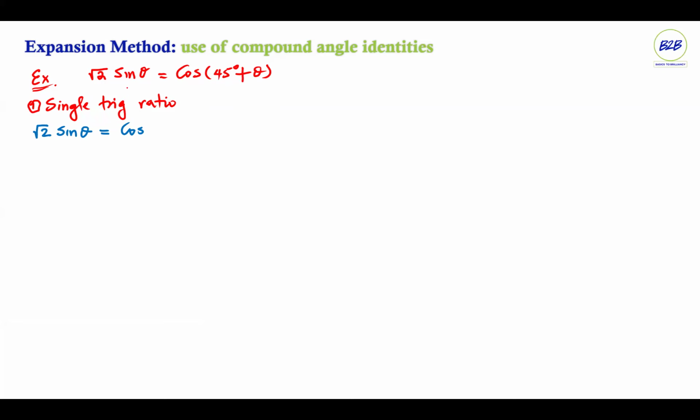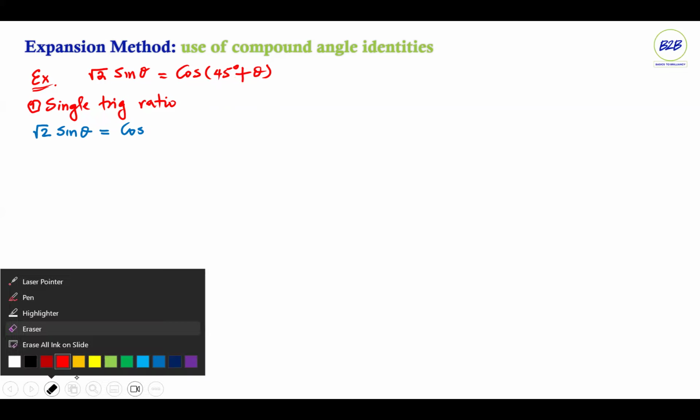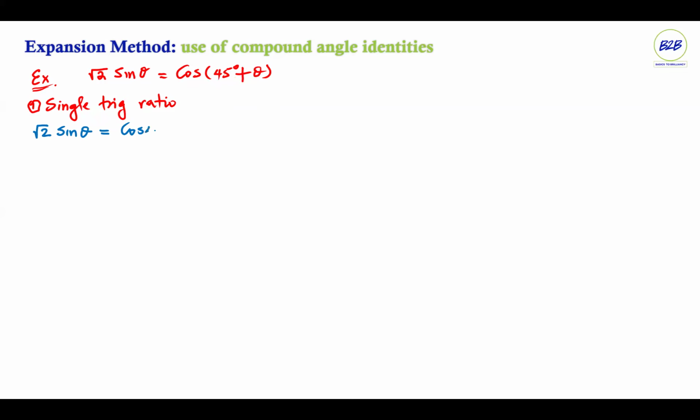which I cannot demonstrate if it was minus. So what are we then going to do here? We're going to expand. This is a compound angle. So this is going to be cos of 45 degrees, cos of theta. Since we have positive here, it must then be negative here.